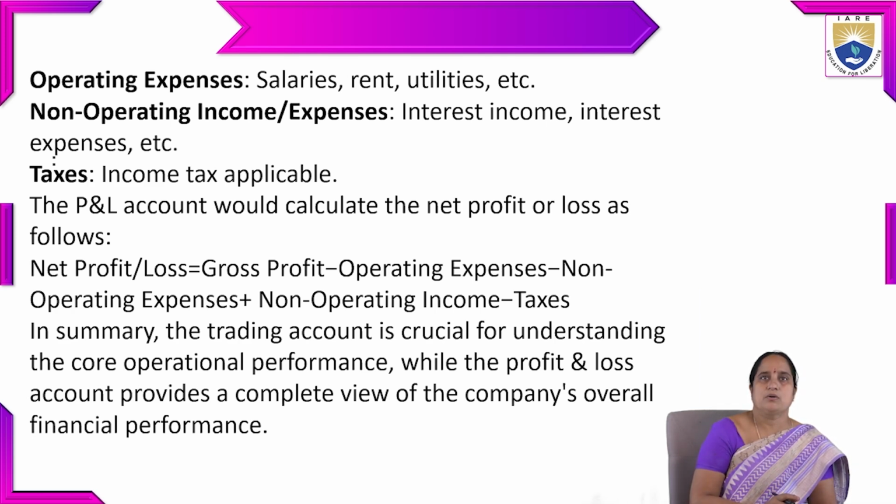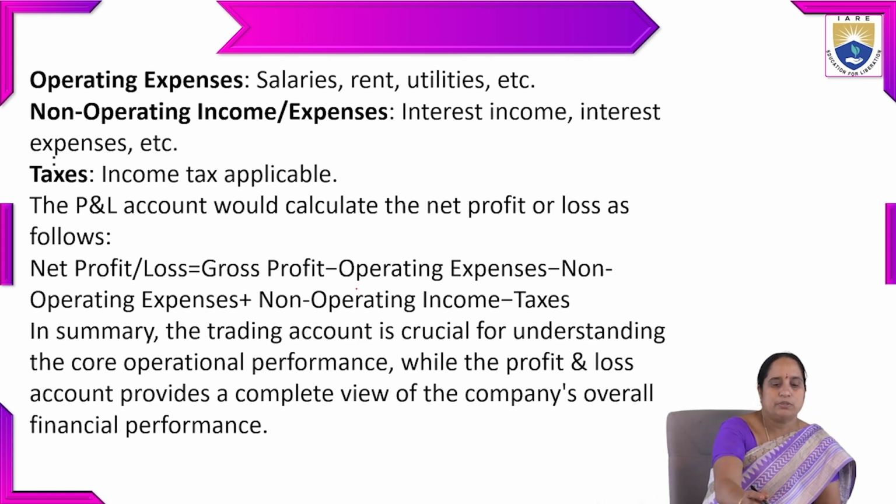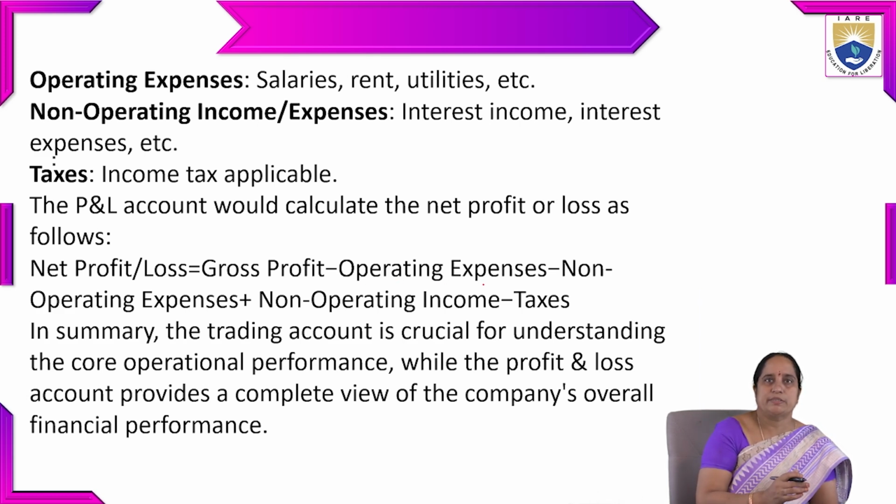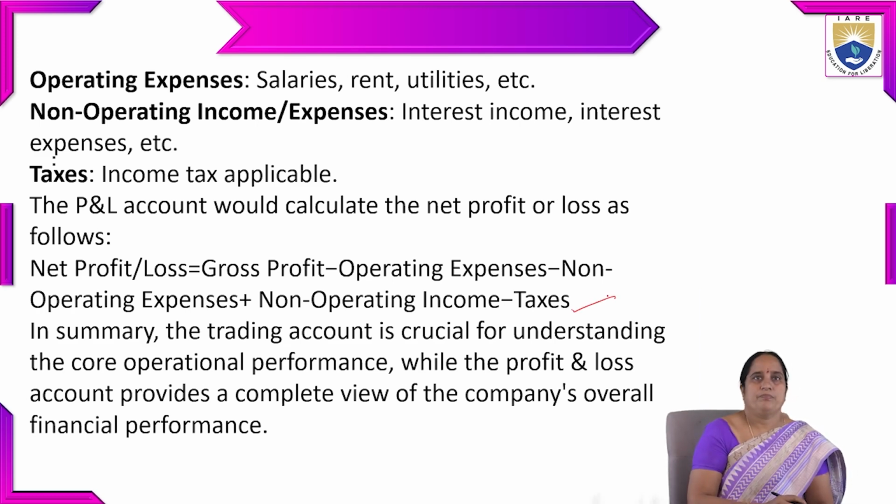The profit and loss account would calculate the net profit or loss as follows: net profit or loss is equal to gross profit minus operating expenses minus non-operating expenses plus non-operating income minus taxes. Whatever amount we get, if it is a positive value, then that should be considered as net profit. If it is negative, it should be considered as net loss.